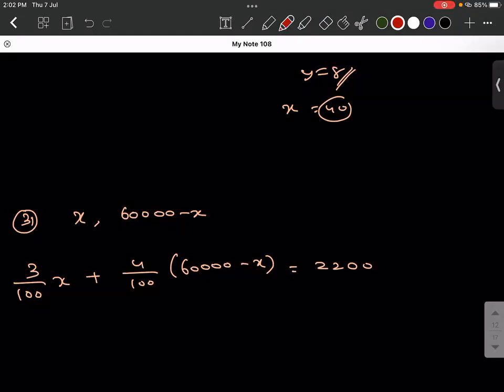From this, can you find the value of X? So 3X plus 4 into 60,000 is 2,40,000 minus 4X is equal to 2,20,000.